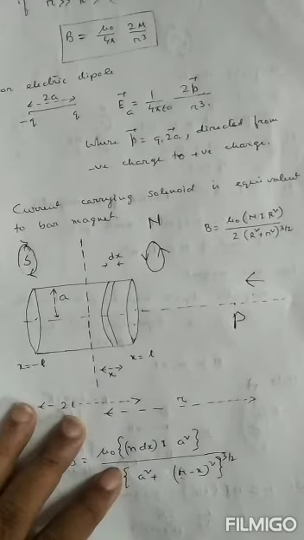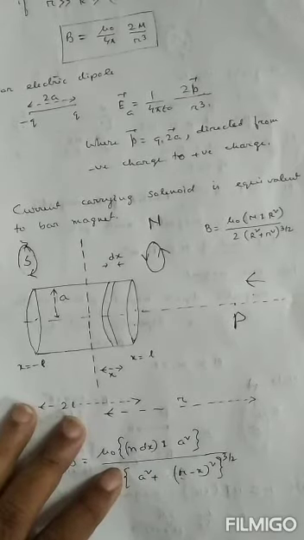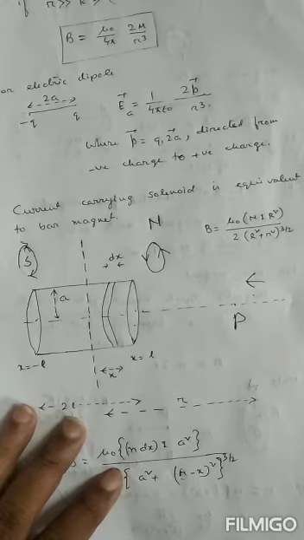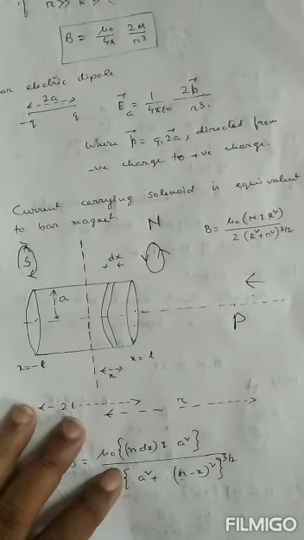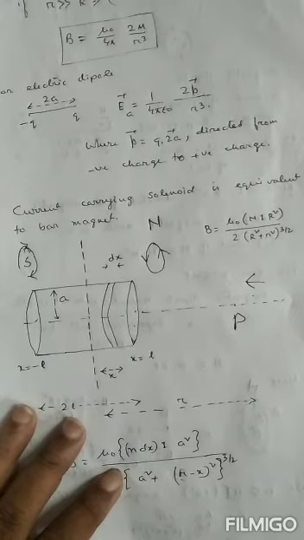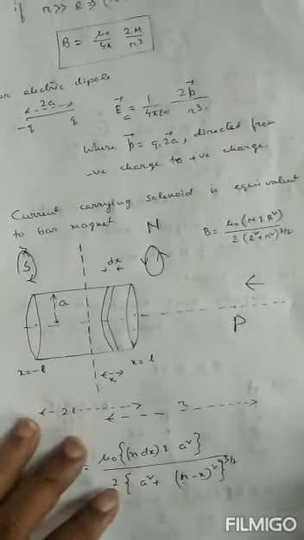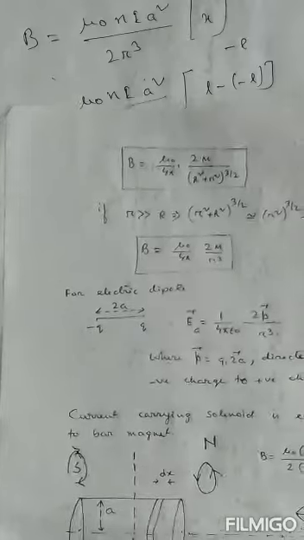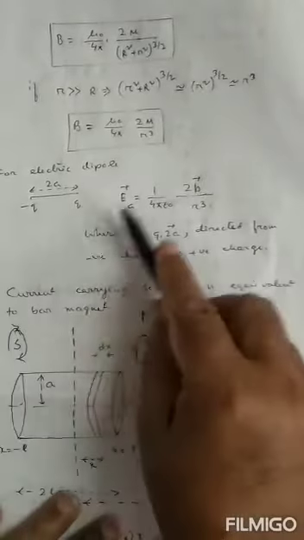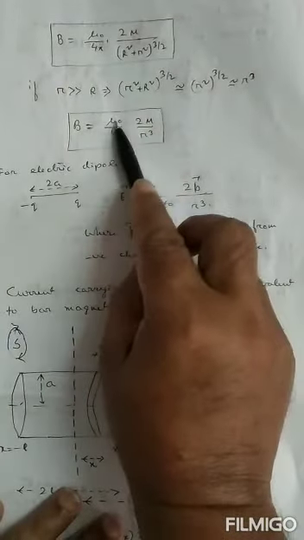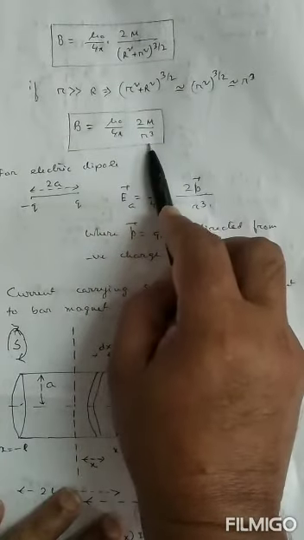In the previous lectures we have proved that a current carrying circular coil also behaves like a magnetic dipole. So there also we calculated the value of magnetic field induction. What is the value of magnetic field induction for a circular coil? We have found mu 0 by 4 pi twice m by r cube.